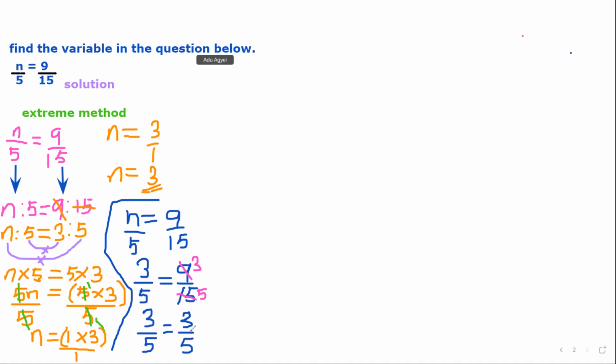The same thing when you change them to ratio, it can also be written as 3 to 5 is equal to 3 to 5. See that the two ratios here are the same. Okay, good. Let's try and use the fraction method to solve this one.